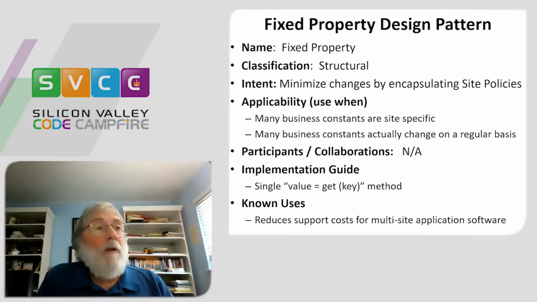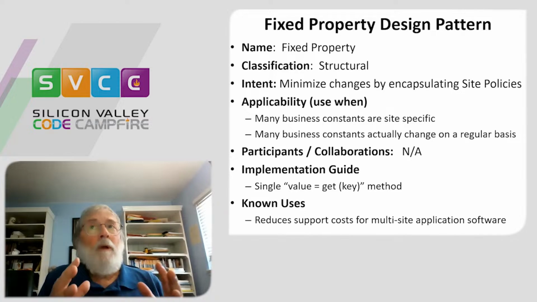The implementation: when in doubt, encapsulate. So we know we've got a problem with taking all those constants out of all of the places that they are in the software. And so what we immediately think of as an architect is, what if we had a solution? Let's define a solution.